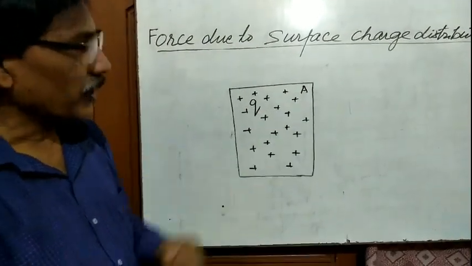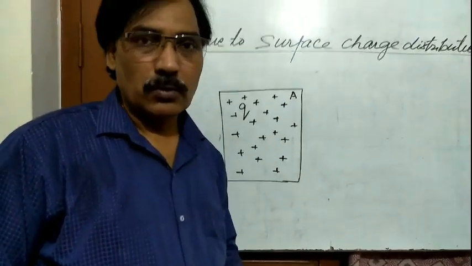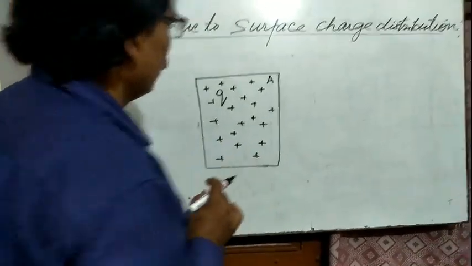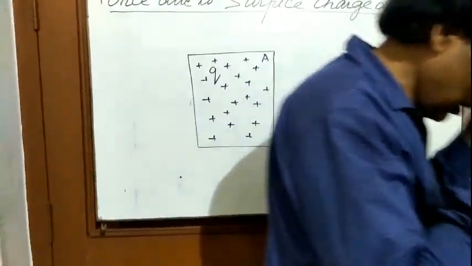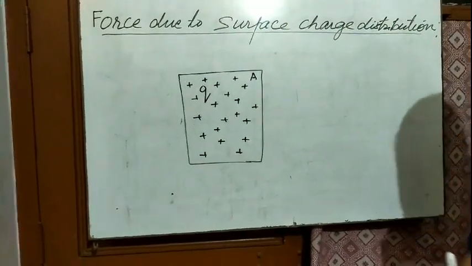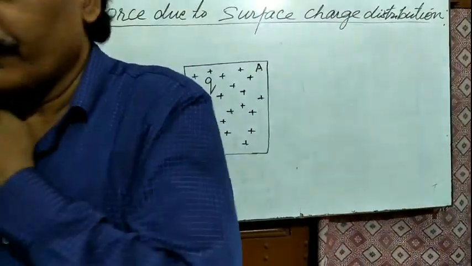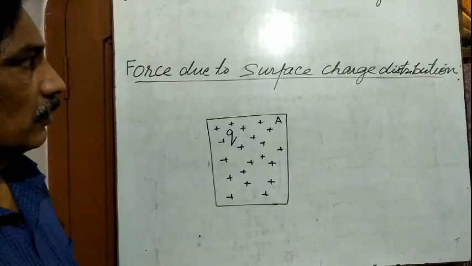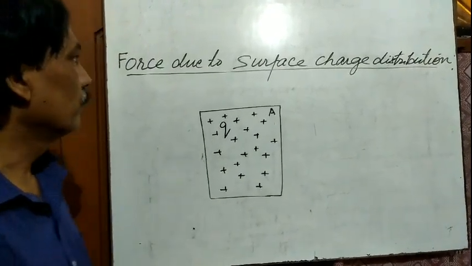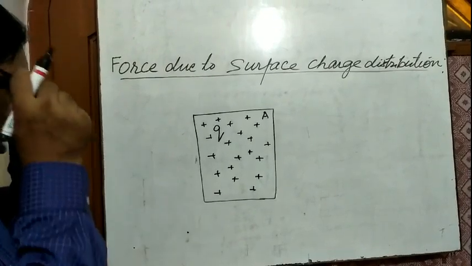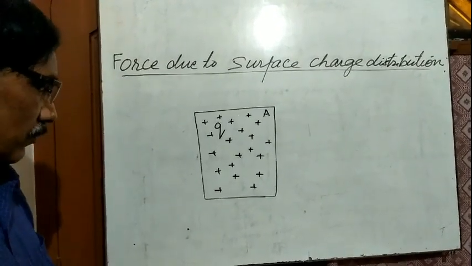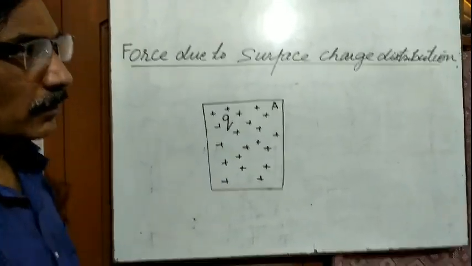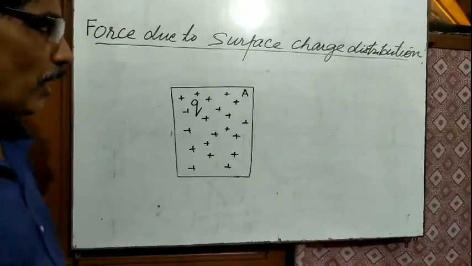So when charge is uniformly distributed on area A, that is a two-dimensional distribution, it is known as surface charge distribution. This charge per unit area is known as surface charge density, denoted by sigma.